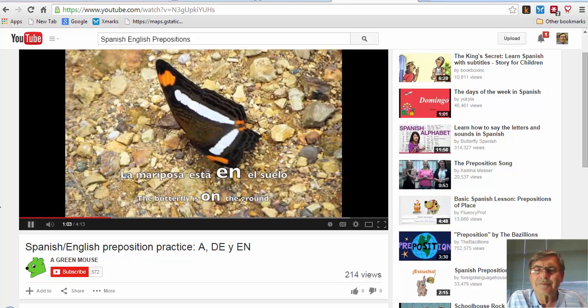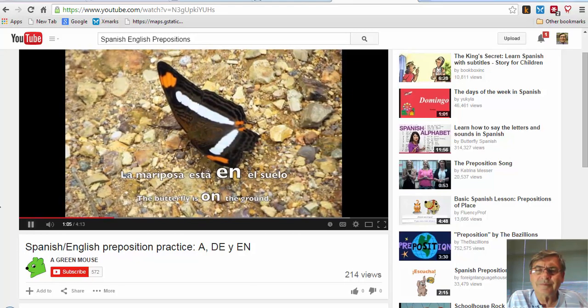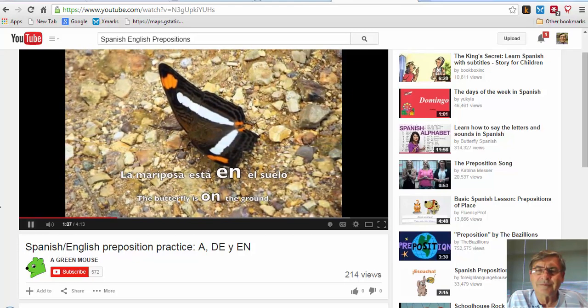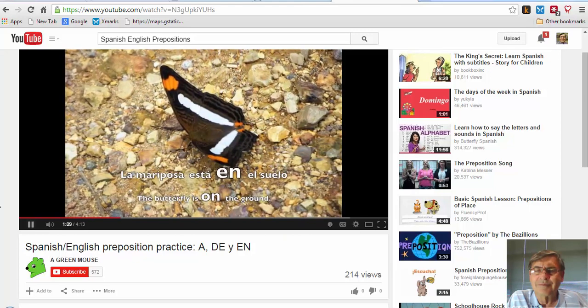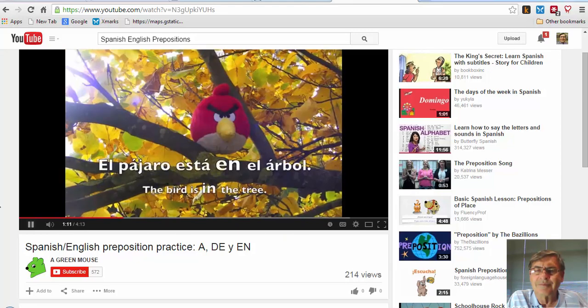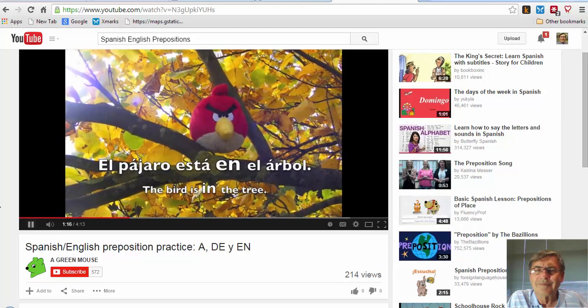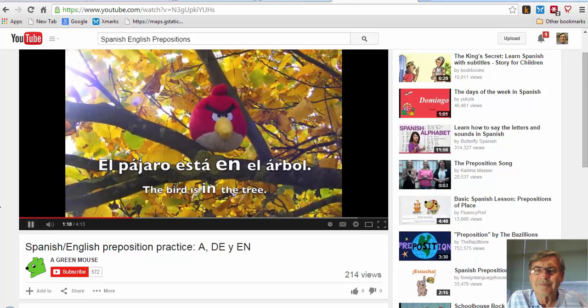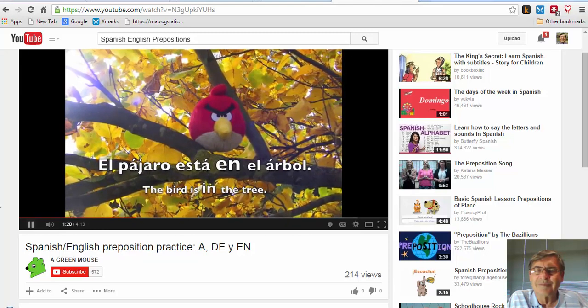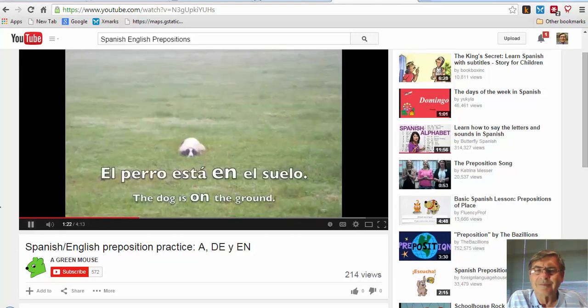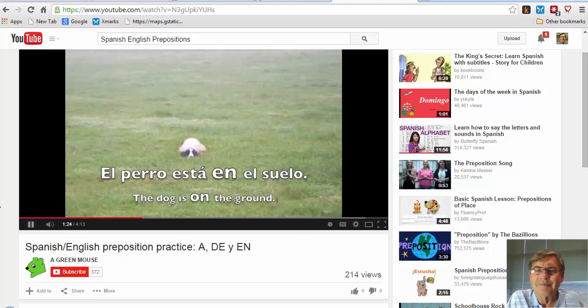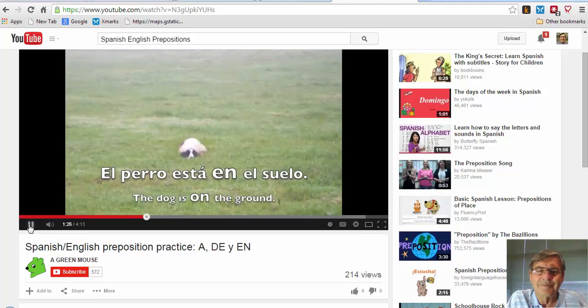La mariposa está en el suelo. The butterfly is on the ground. El pájaro está en el árbol. The bird is in the tree. El perro está en el suelo. The dog is on the ground.